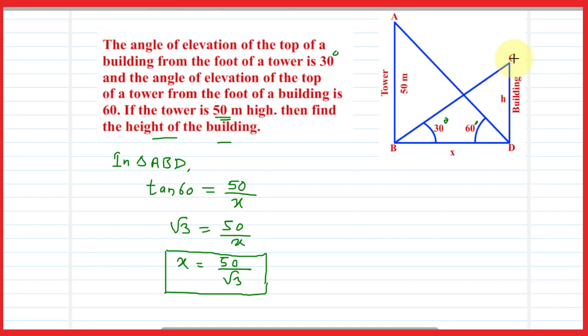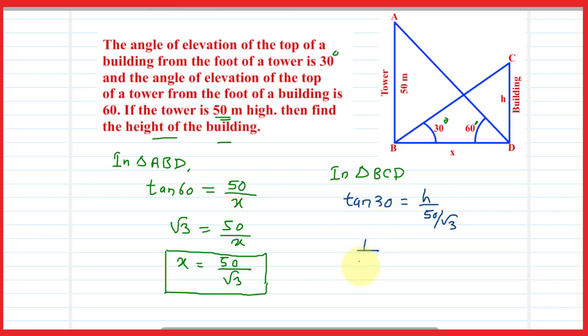So here we will take another triangle BCD. In triangle BCD, tan 30 is equal to opposite upon adjacent. So tan of 30 is equal to opposite, h, upon x, and the value of x is 50 upon root 3. Now tan 30 is 1 upon root 3.